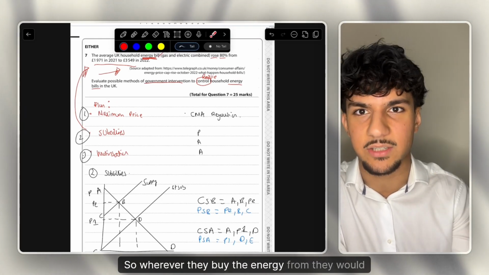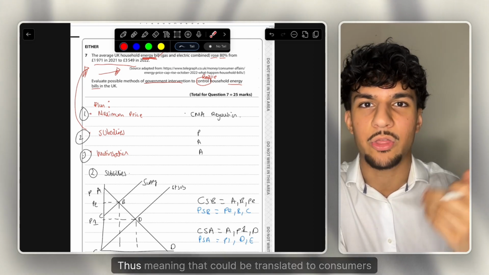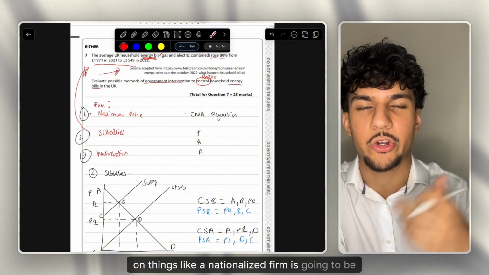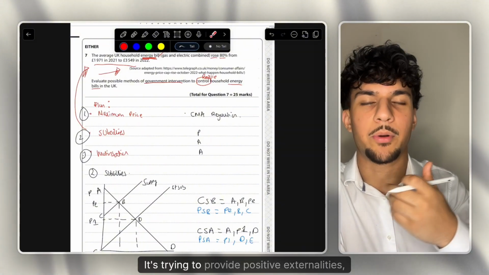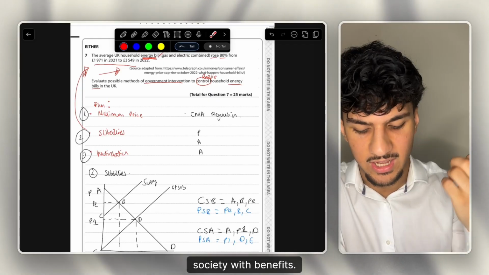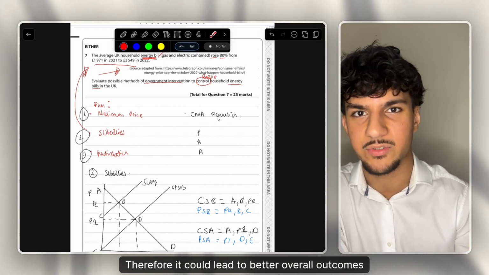So wherever they buy the energy from, they would have lower costs, thus meaning that could be translated to consumers. And things like a nationalised firm is going to be allocatively efficient. It's trying to provide positive externalities. It's trying to provide society with benefits. Therefore, it could lead to better overall outcomes for society.